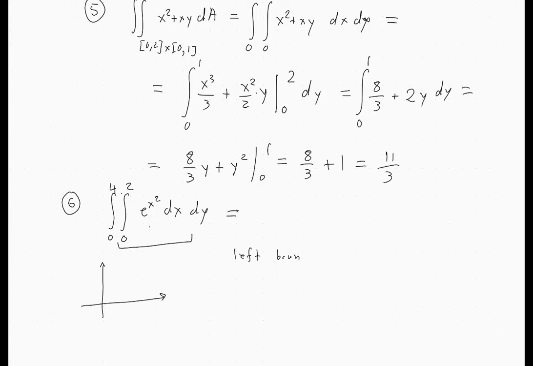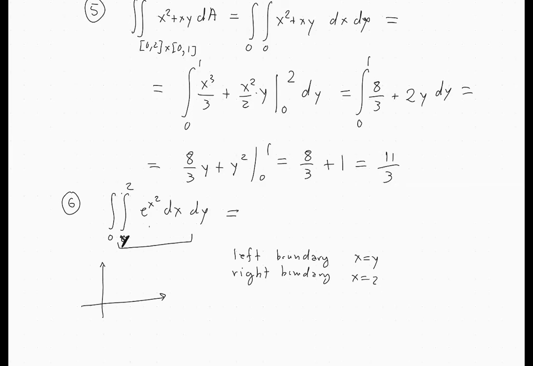A left boundary, which is x equals y, and the right boundary, which is x equals 2. Actually, in this problem, I'm sorry, this was not a 4 as I was looking. This said 2. Sorry about this.